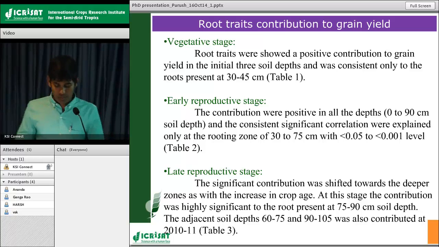At the late reproductive stage, the significant contribution shifted towards the deeper zones with the increase in crop age. At this stage, the contribution was highly significant for the root presence at 75 to 90 soil depth.